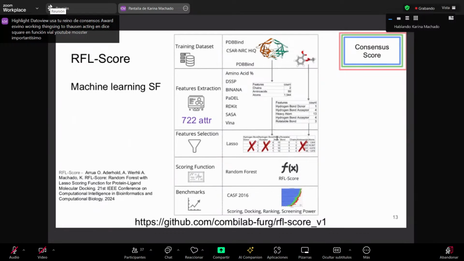And it's important to say that we are using in our scoring function around 722 different attributes related with the ligands, the receptors, or related with the complex.